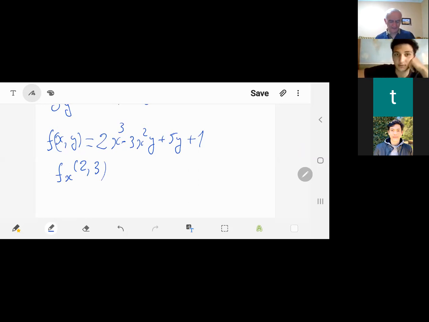I think first of all we should find the derivative with respect to x, and then substitute the figures for x and y. Yes, absolutely. Okay, do it please and tell me your answer. Y is constant, right?